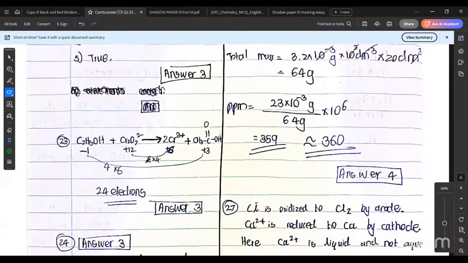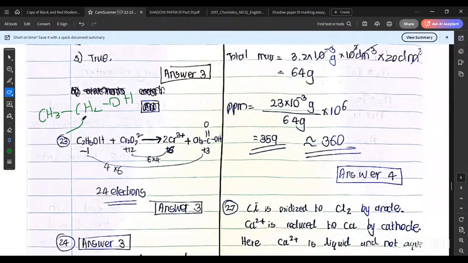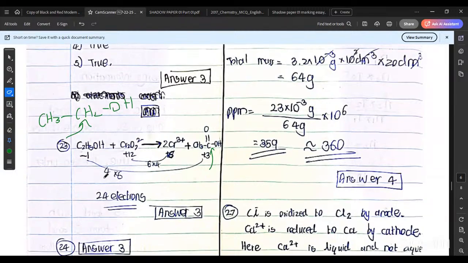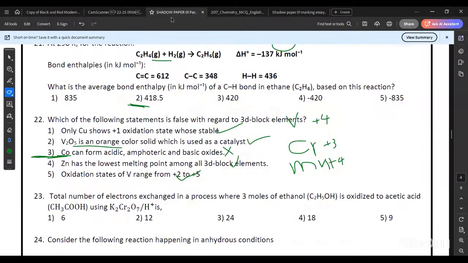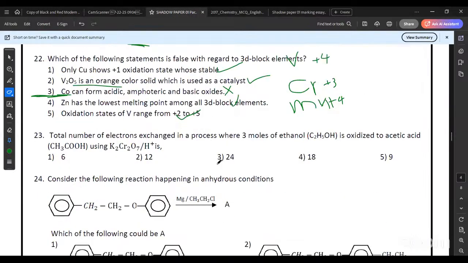See, for the number of electrons exchanged, you're going to find the oxidation number of the carbon in CH3CH2OH, right? And then you find the oxidation number of the carbon in the product. Then you subtract them and you get 4. Then you multiply by the common oxidation number. The least common multiple is 24. So you have 24 electrons. That is answer number 3.